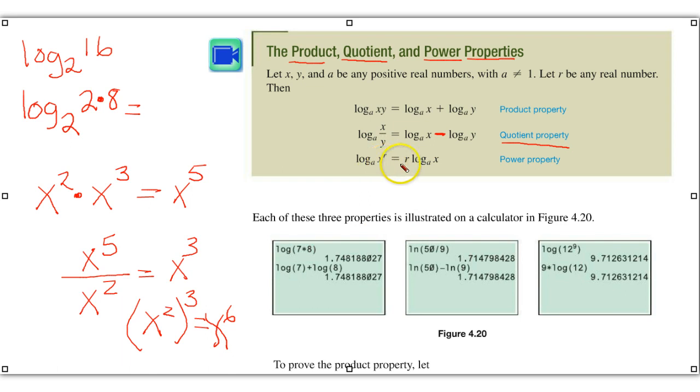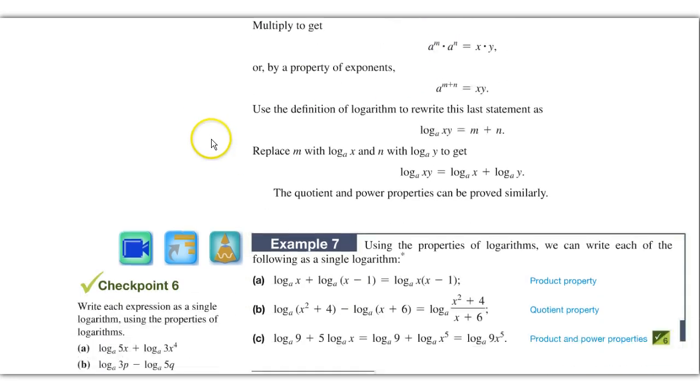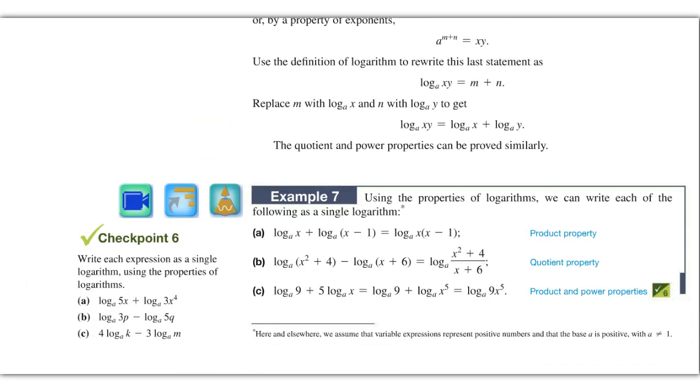So we indicate multiplication, which is the power property, by taking our exponent and moving it in front of the log. And there is its place. So now this would be r times this, which is the power property, and that's how it relates. And if you look to your textbook, they're showing you how all these are defined using what I've just shown you. So let's go on to example 7.